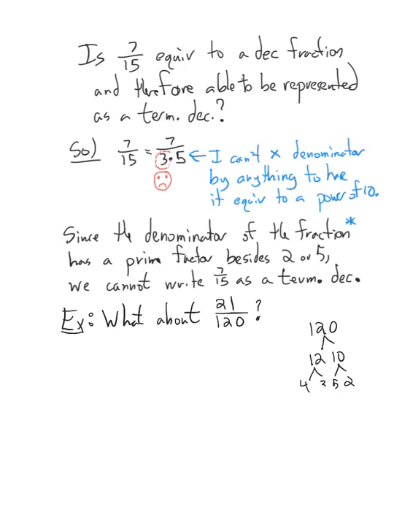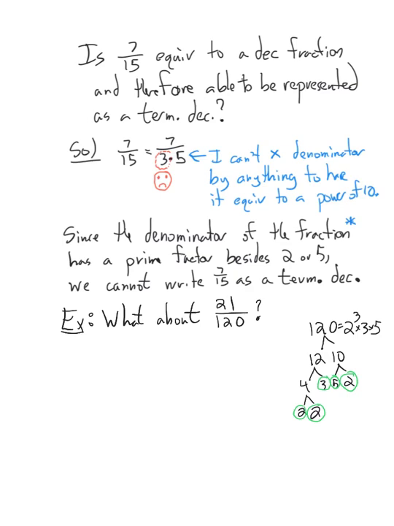But 12 is 4 times 3. So 120 is 2 to the 3. Here's our 1, 2, 3 2s. We have 1 3, and 1 5. So you could think, oh, we have a 3.